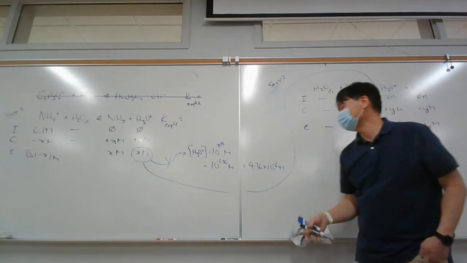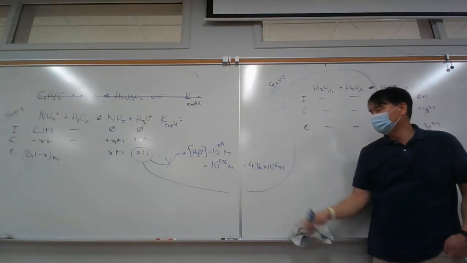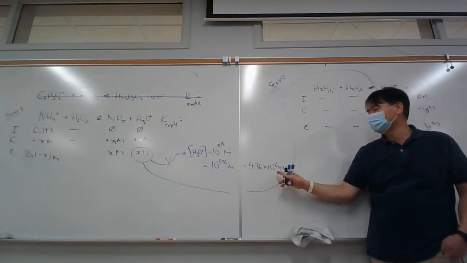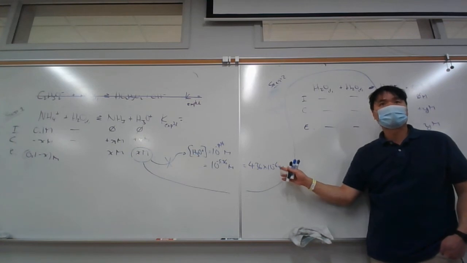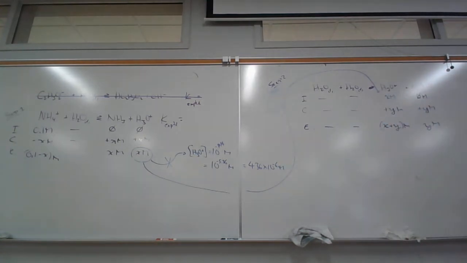That seems to be a reasonable assumption because my molarity is 10 to the minus 6 molar, and from step 2, I'm going to expect a lot less than 10 to the minus 7, more like 10 to the minus 8, 10 to the minus 9, 10 to the minus 10 molar. Does that make sense? And so that's why I skipped step 2.